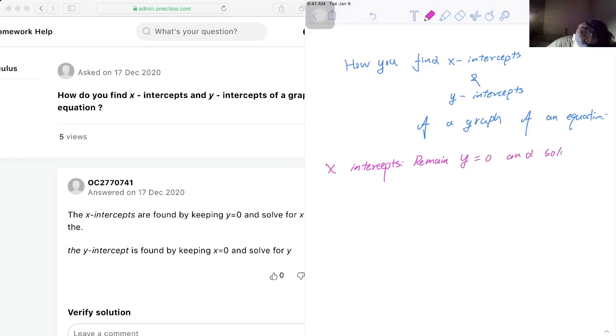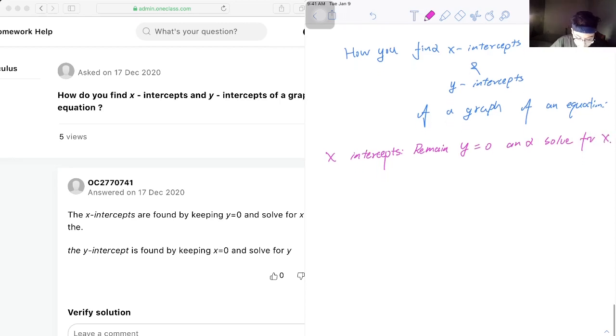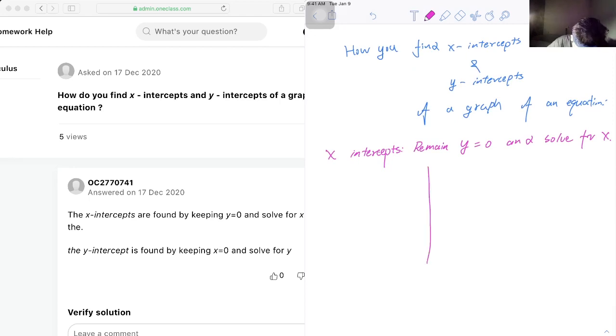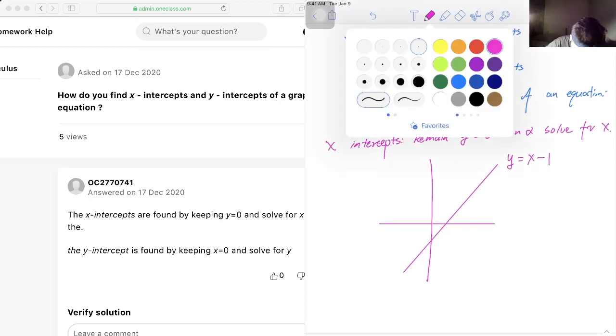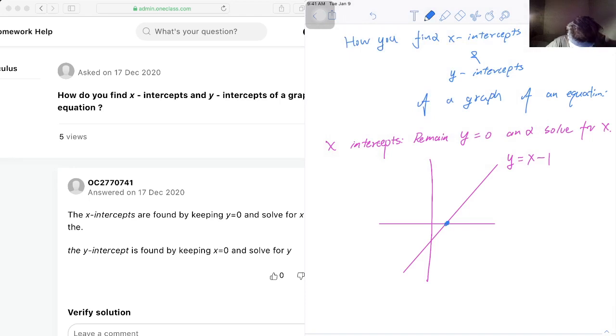Let's say we have a line that is something look like this. So y is equal to x minus 1. If we want to find the x-intercept, which is right here, we need to remain y is equal to 0.